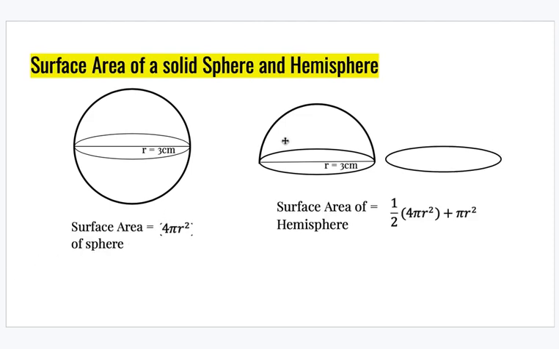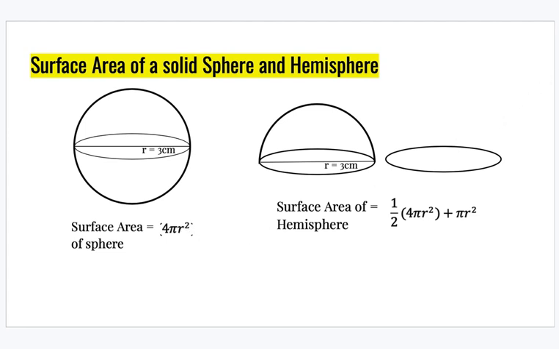Now let us take a look at the surface area of a solid sphere. Now it can be proven in an experiment, right, by taking a rope going round the sphere and then using the rope to form a circle.